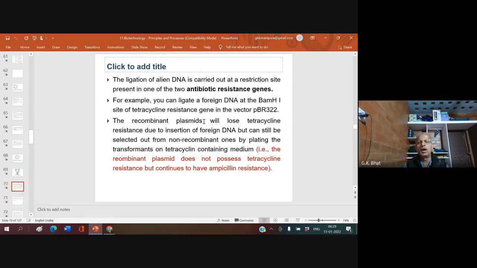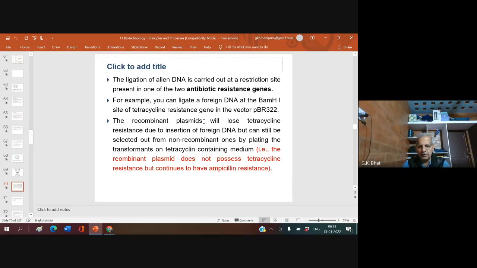Now, we are putting these recombinant plasmids in two mediums, one ampicillin, another tetracycline. We have recombinant plasmids, and these got incorporated into bacteria.